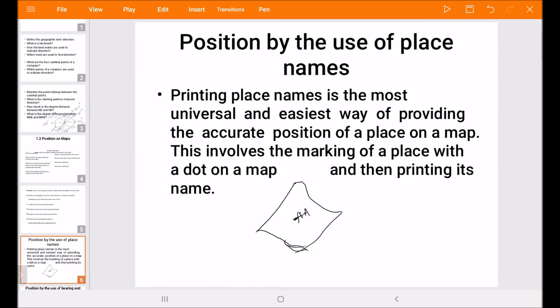This is one method of showing the position of a place by using place names.